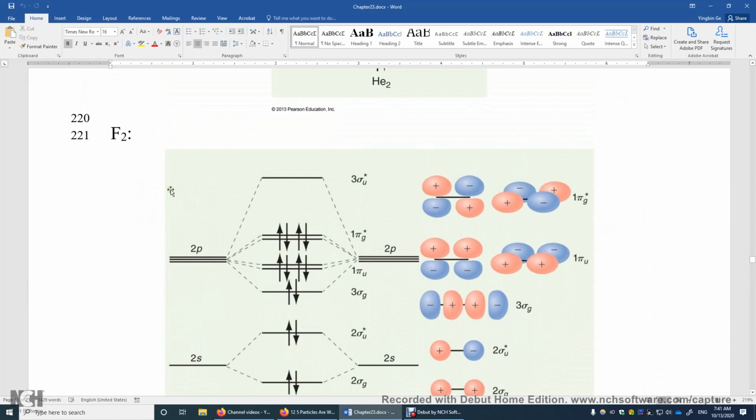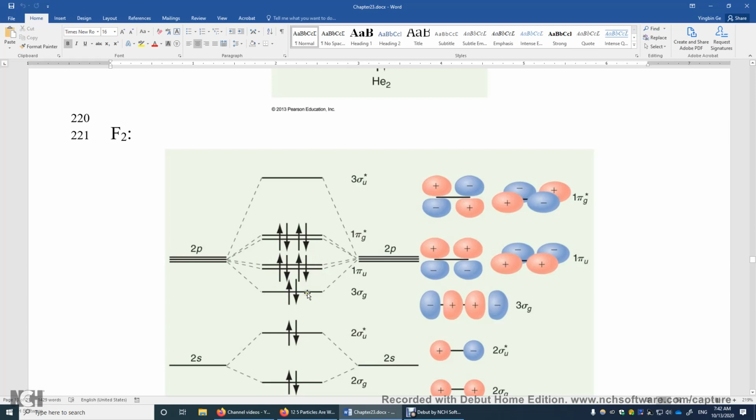All right, so in this case, let's get back to fluorine 2. Over here in fluorine 2, the gap between 2s and 2p is so large that there is no interaction between 3 sigma g and 2 sigma g. Now in nitrogen 2, the gap is so small that the interaction between the 3 sigma g and 2 sigma g is so significant that it bumps this 3 sigma g up, and even above the 1 pi u.